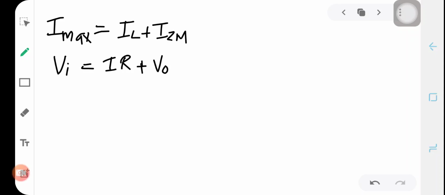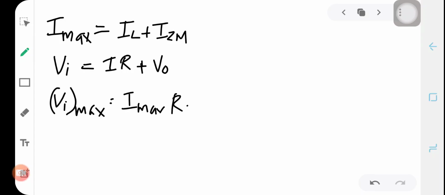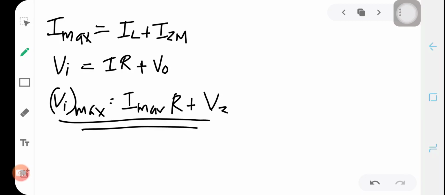So Vi maximum will be I max into R plus V0, that is nothing but the zener voltage Vz, and this I max is given by IL plus IZM. So this is the maximum value of the input voltage that keeps the zener in the on state.